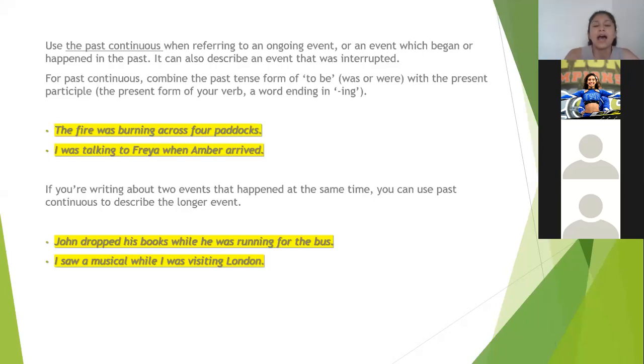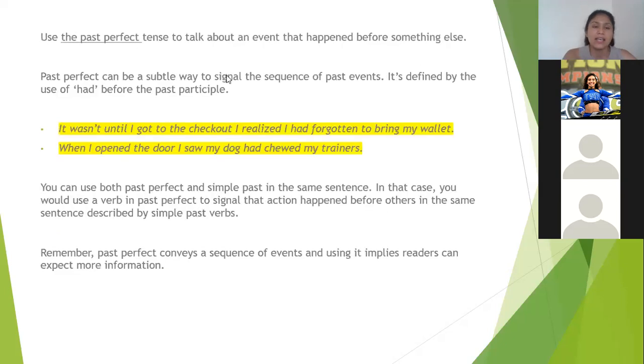Another way to express the past in writing is the past perfect. And it says, use the past perfect to talk about an event that happened before something else. So let's say that I gave you the example of I was eating sushi when you called me, or I ate sushi yesterday. So the past perfect will indicate a situation that happened before another action concluded.